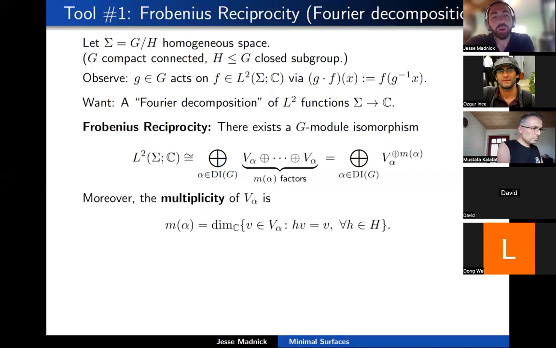And moreover, the multiplicity, so the number of times that V alpha occurs, is given by this. It's the complex dimension of this set of vectors V in V alpha such that that's true.